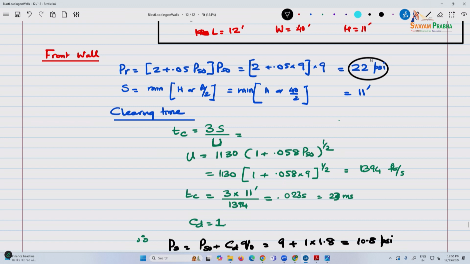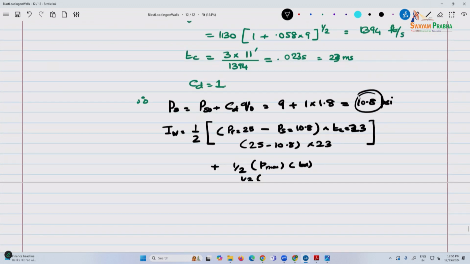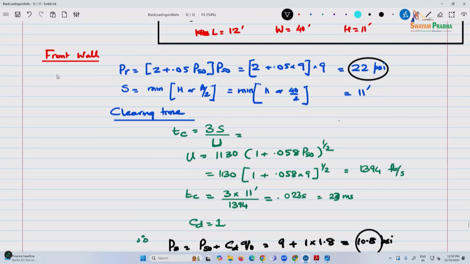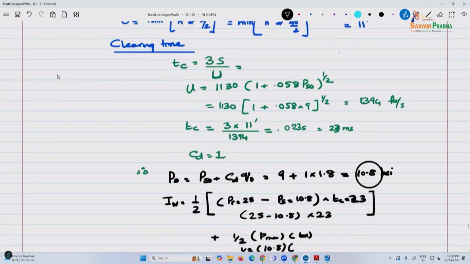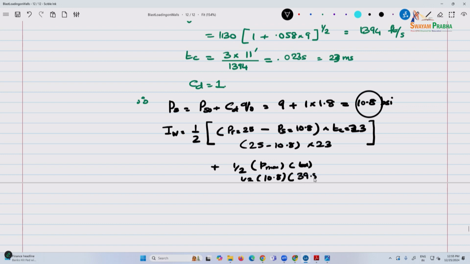No, not that. This one, 10.8. So 10.8 multiplied by TD was 39.5. You can put these numbers separately and add them up.